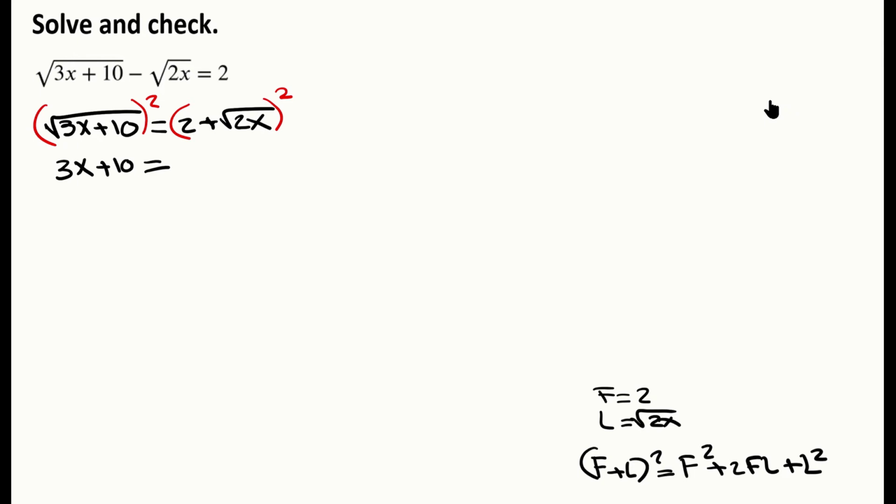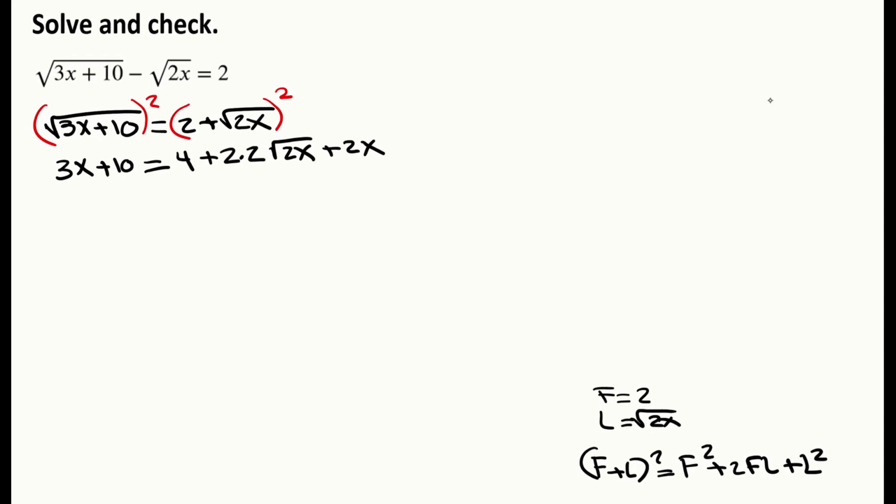So if you notice, we end up with f squared, which is 2 squared, which is 4, plus 2 times f, which is 2, times L, which is the square root of 2x, plus L squared, which is going to be the square root of 2x squared, so therefore just 2x.